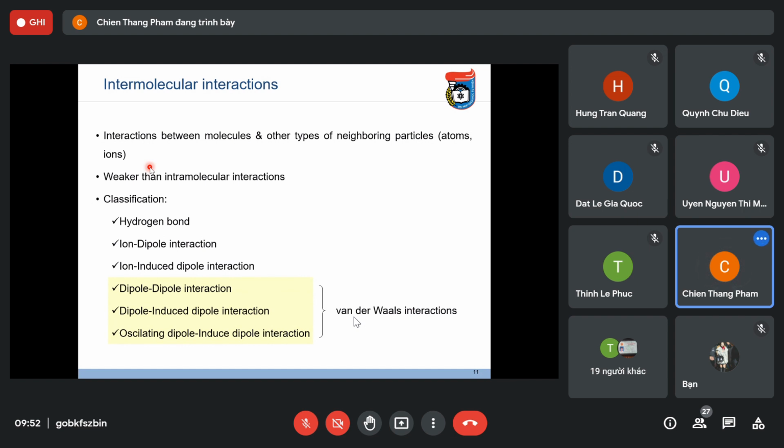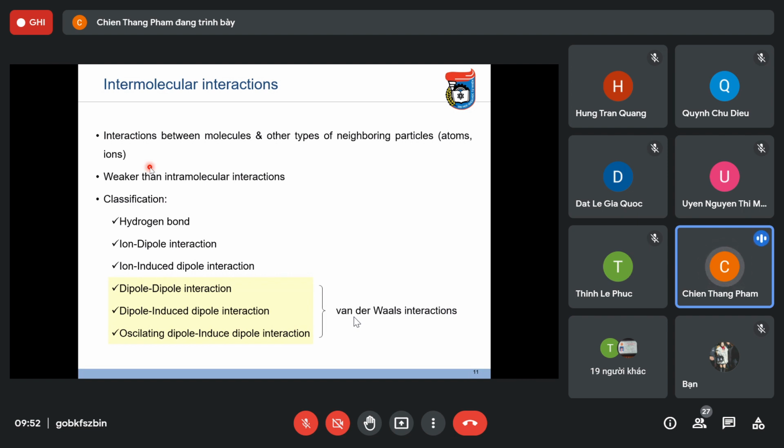In spite of the weaker interaction, the intermolecular interaction also plays a very important role in the physical properties of the chemicals. And here is a classification of the intermolecular interactions.